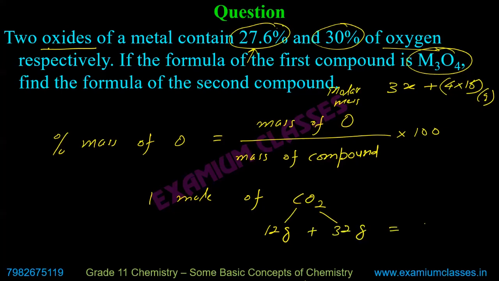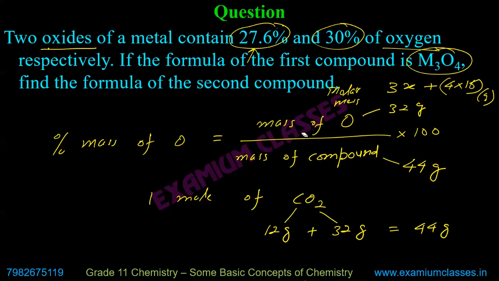Total will be 44 grams. In this formula, mass of oxygen you will substitute as 32, mass of compound as 44, and these will be in grams. So why am I writing mass of oxygen and not molar mass of oxygen? Because there can be more than one oxygen also.